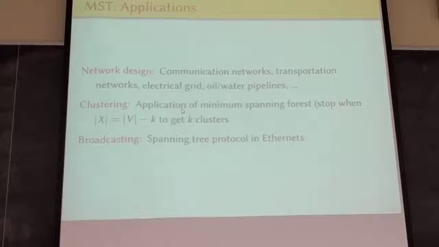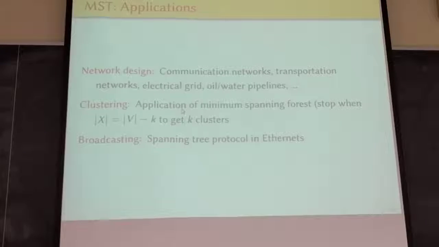So your minimum spanning tree formulation means you have points and you have distances between them. You could, in principle, construct a road between any two points, but you want to pick that particular set of roads such that the total cost of construction is minimized.